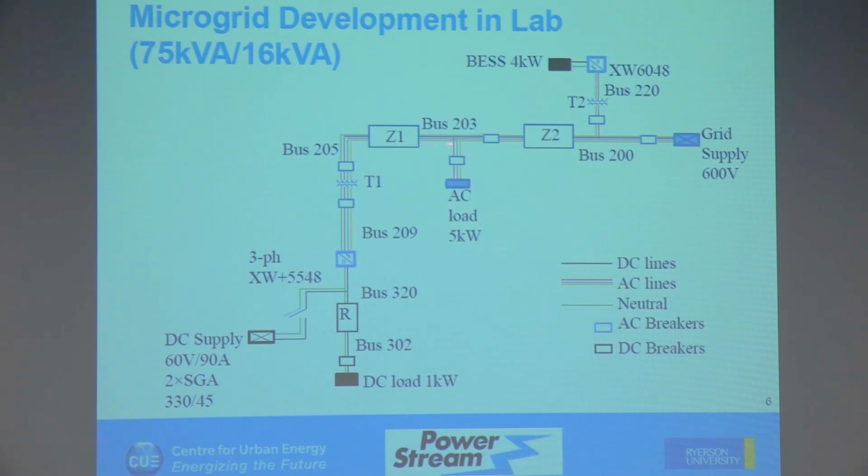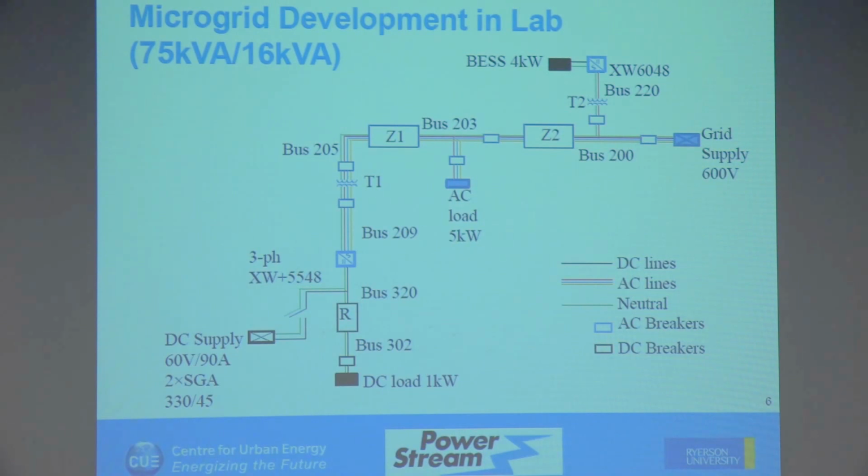And bus 203 is the point where you get 2/3 load. So it's split so that 2/3 of the total load can be seen here, and the rest of the load is here. So Z1 plus Z2 together represent PowerStream's feeder in Vaughan from Greenwood Station, feeder M21.